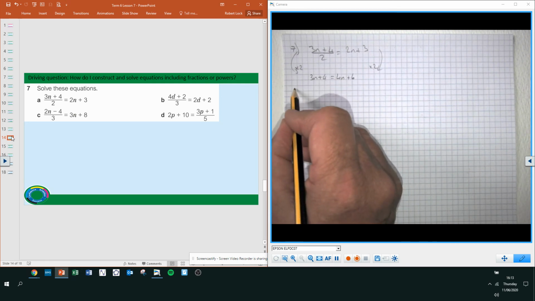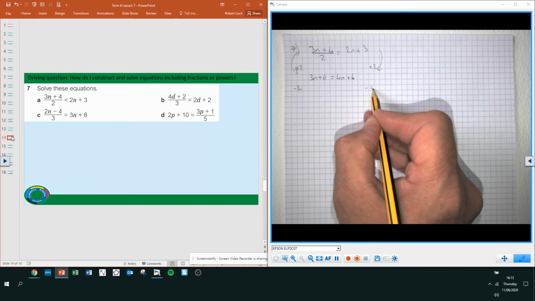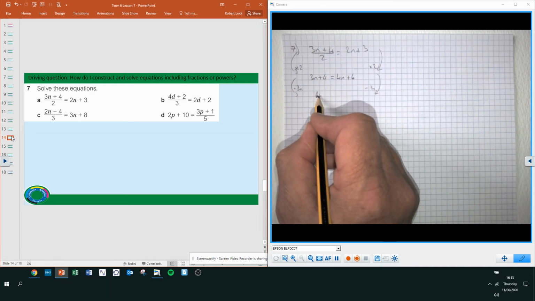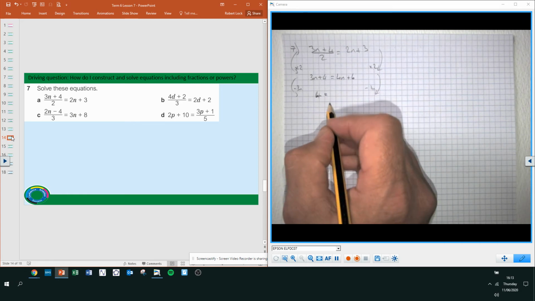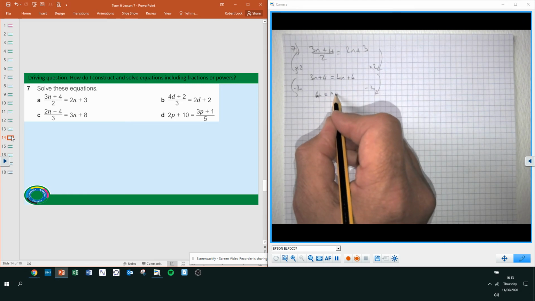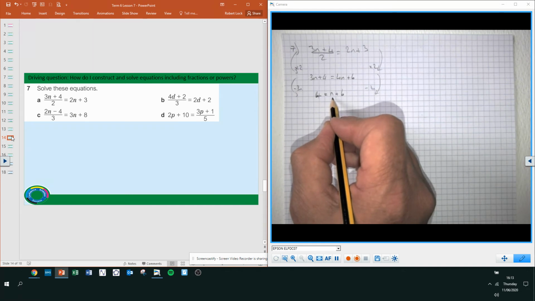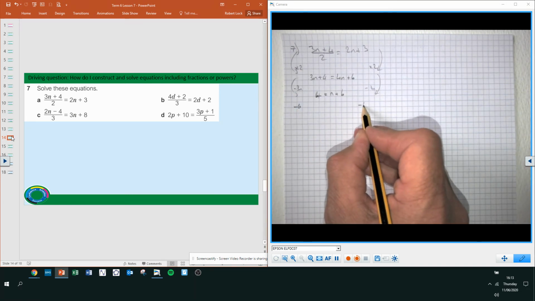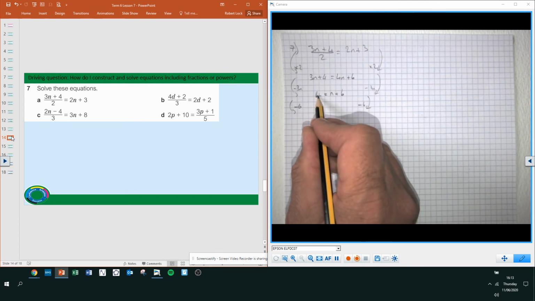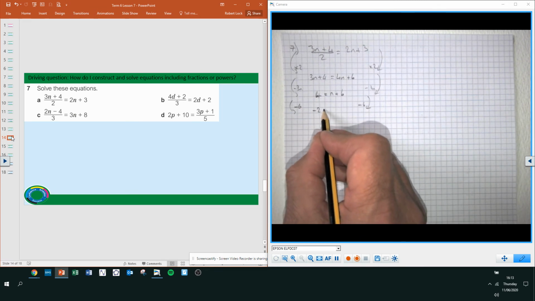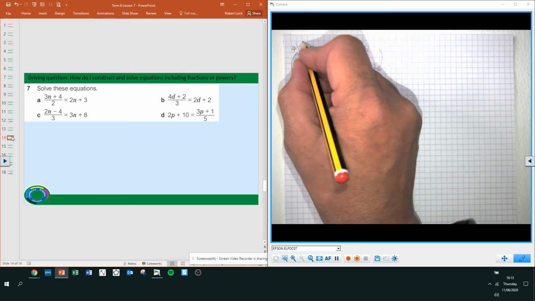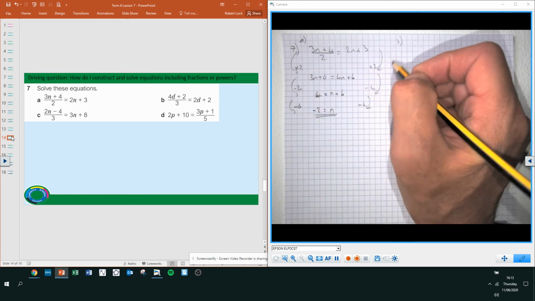So minus 3n this side, minus 3n this side. We end up at 4 equals 4n take away 3n is n plus 6. Leave the letters on that side. Let's get rid of the plus 6 here, so we take away 6 on both sides. 4 take away 6 is minus 2 equals n, or n equals minus 2. That's A.